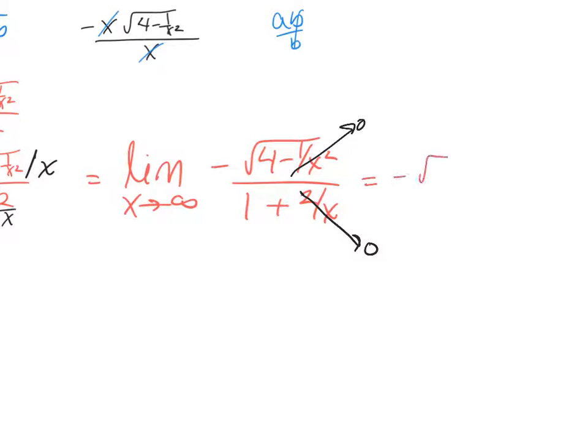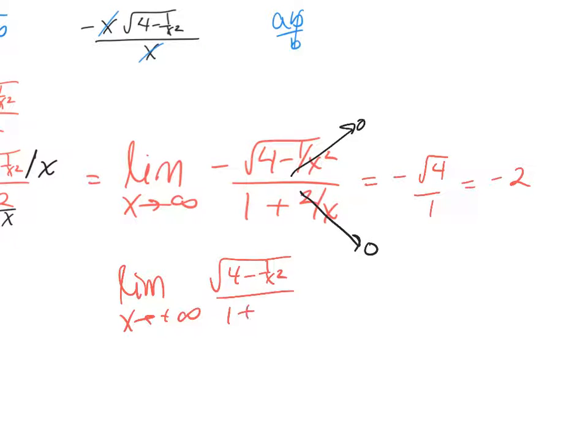I get the negative square root of 4 over 1, so in other words, I get negative 2. Had I done the limit as x goes to positive infinity, then I would have had the square root of 4 minus 1 over x squared all over 1 plus 2 over x, and this would have given us positive 2.